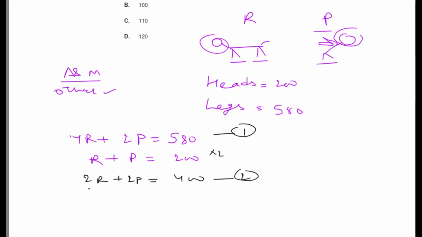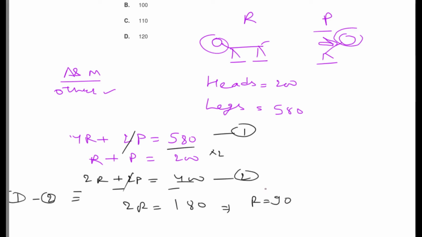Do 1 minus 2. The 2p cancels with 2p, it will be 0. 4r minus 2r is 2r, and 580 minus 400 is 180. So r will be 90.